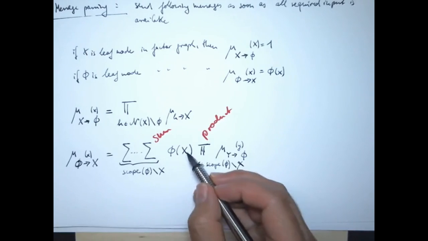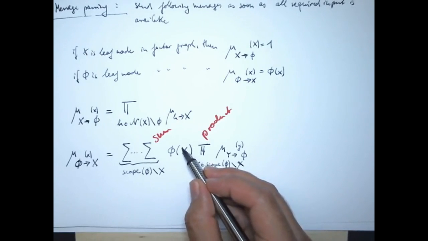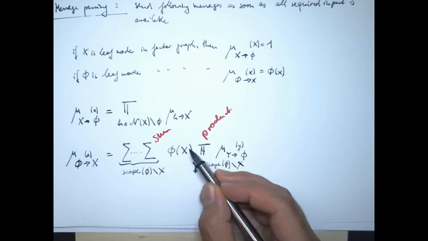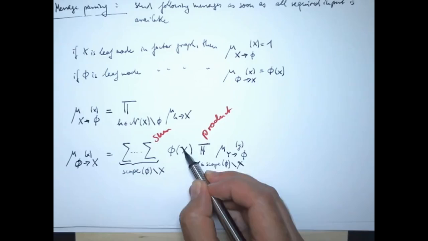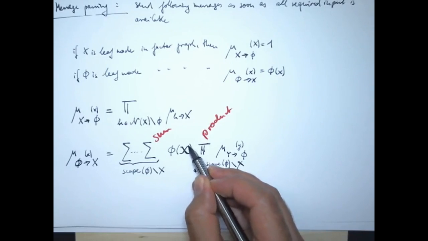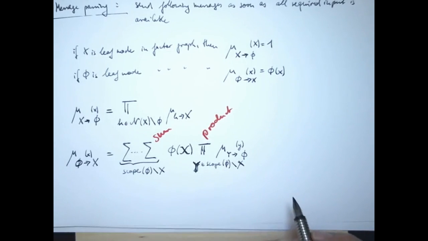Sorry, this should be the set of variables on which the factor depends. You're right. Okay, so that's the quantity in the sum.